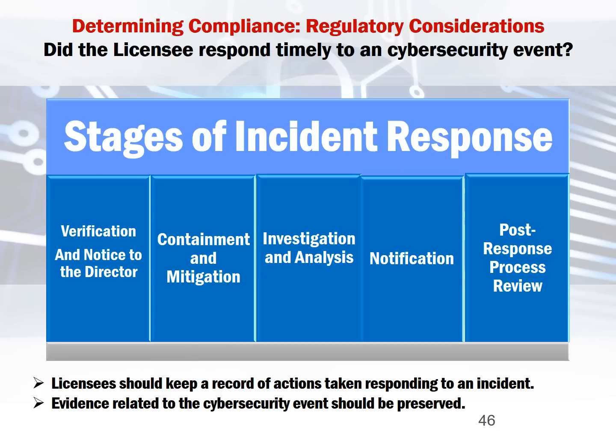Then containment and mitigation, investigation and analysis, notification, which here means notification of consumers, credit reporting agencies, etc., and the post-response and review process. Licensees need to keep a record of actions taken responding to an incident, and any evidence related to a cybersecurity event needs to be preserved.